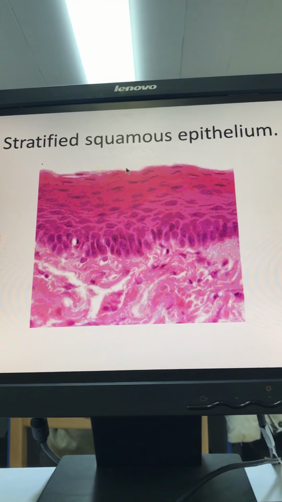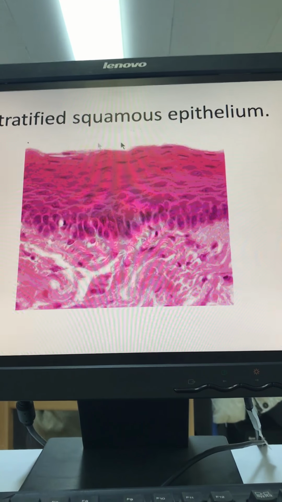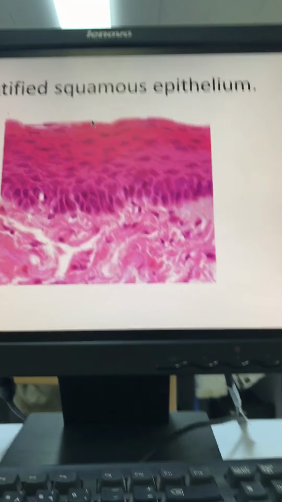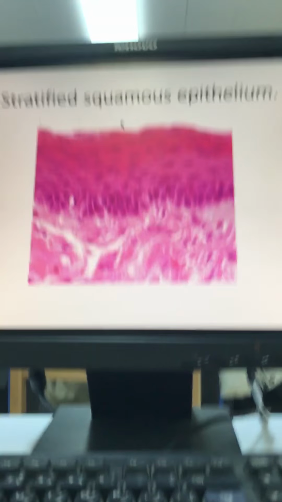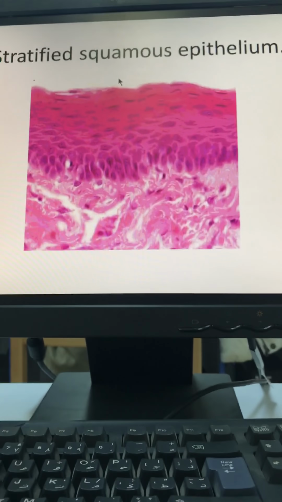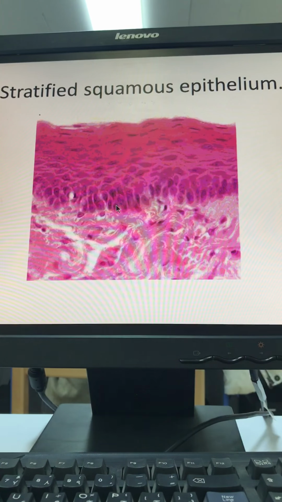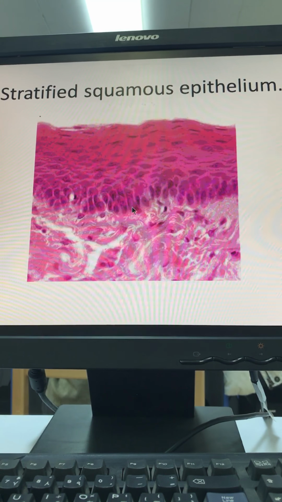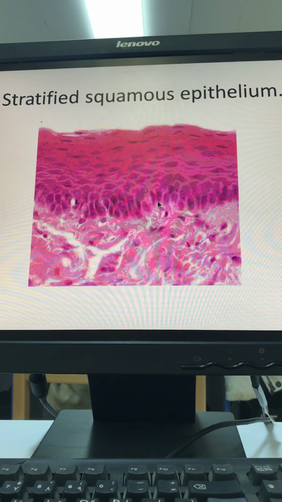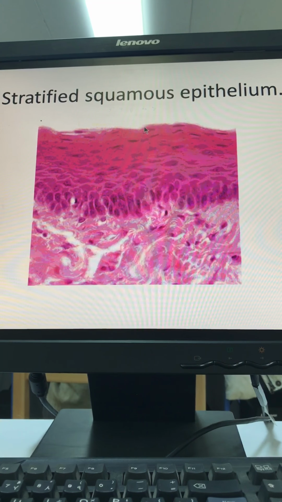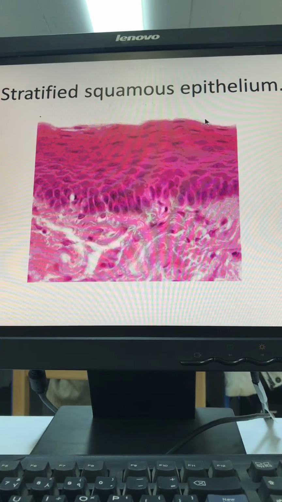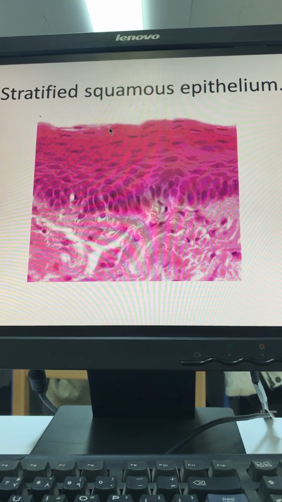Now, here we have the free surface of the tissue. We have here a space or lumen for my organ. Here we have more than one tissue. This is the epithelium from here. These are basal cells. Here the apical part of my epithelium.